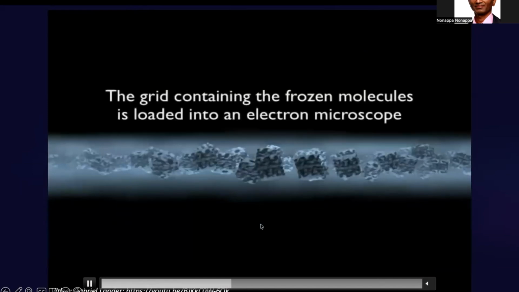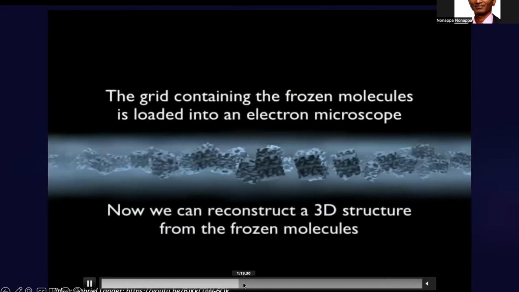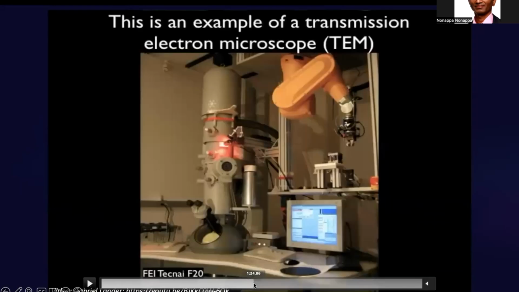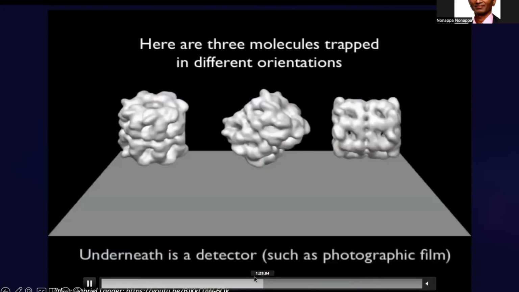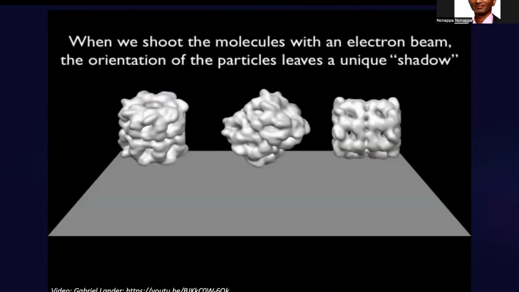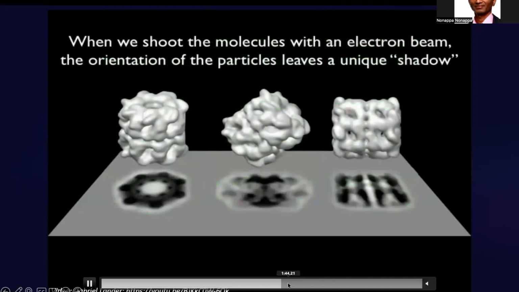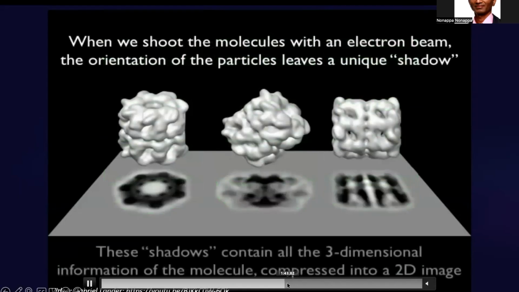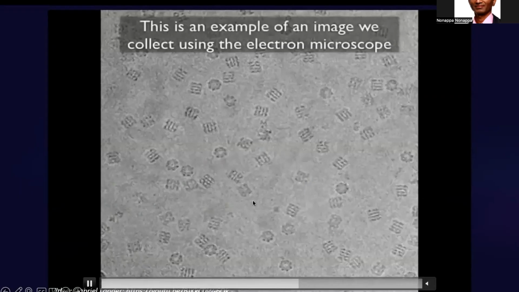Now, I showed previously that the 2D projection depends on the orientation of the particles. When the electron beam shines on these, they're all the same particle, but oriented differently, so you get these different images. And now you can see there are different particles coming from different orientations.